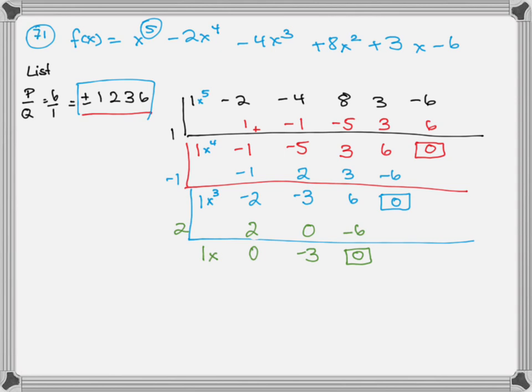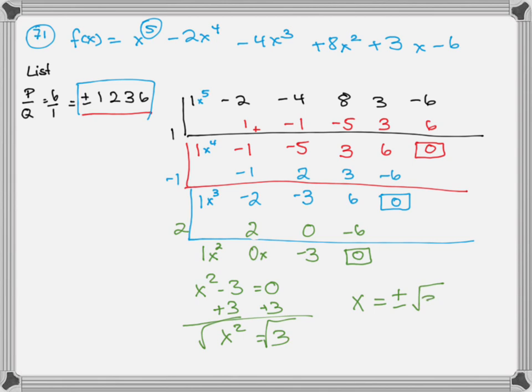This green last row here is now to the second power. So we're down to the second power, and that x squared plus 0x minus 3, we're going to solve by any method that we know. I'm going to use the square root property. Add 3, get x squared equals 3, take the square root, x equals plus or minus square root of 3.